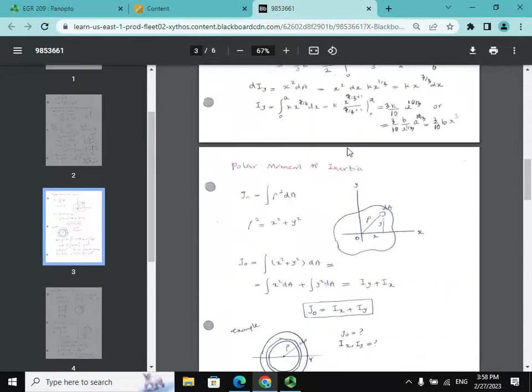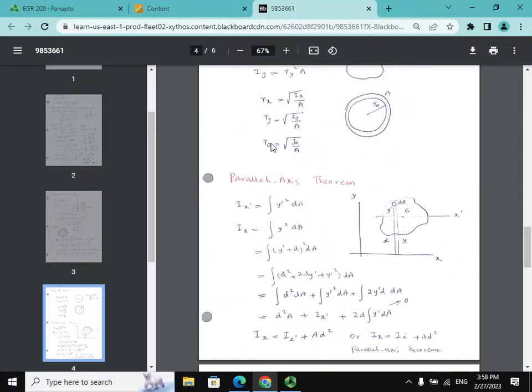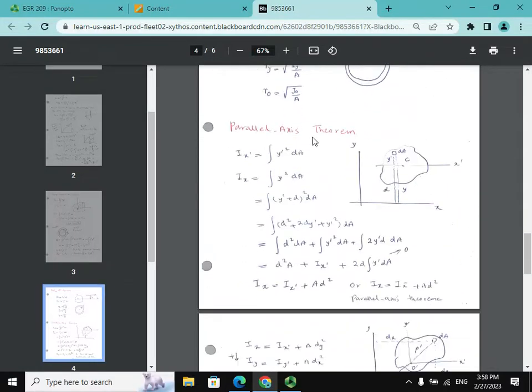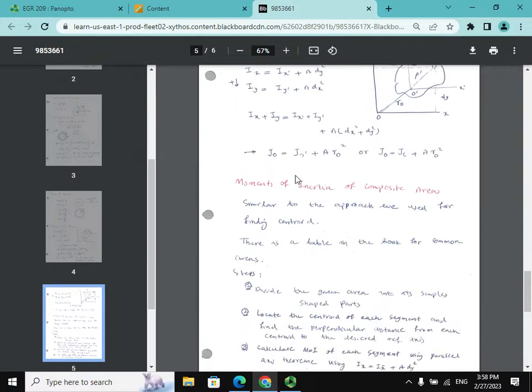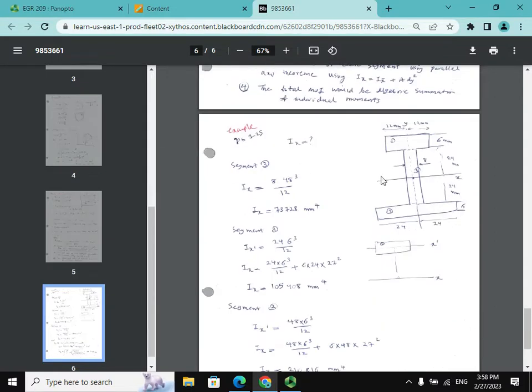And you learned about polar moment of inertia, radius of gyration, and the parallel axis theorem, which was the main topic of this lecture. I proved that to you, and I showed you how you can use it to find the moment of inertia for composite shapes like this without taking the integral. You don't need to reevaluate the integral.